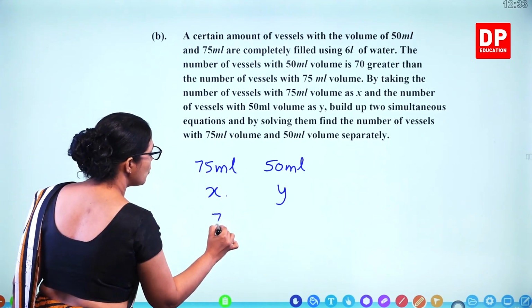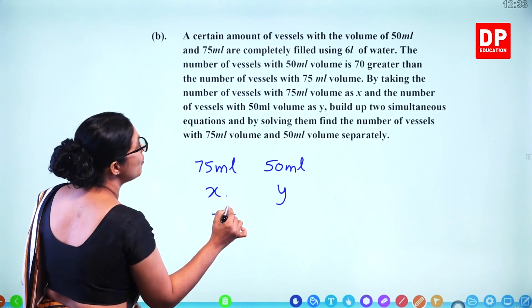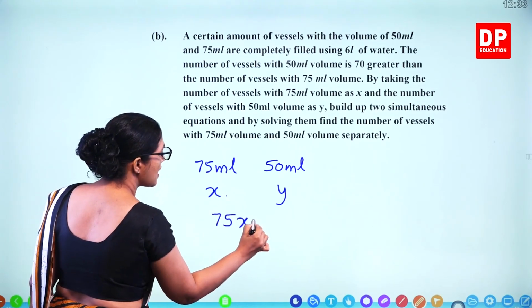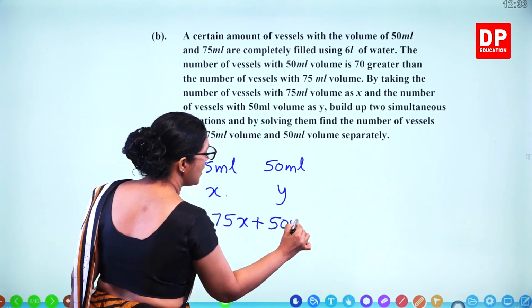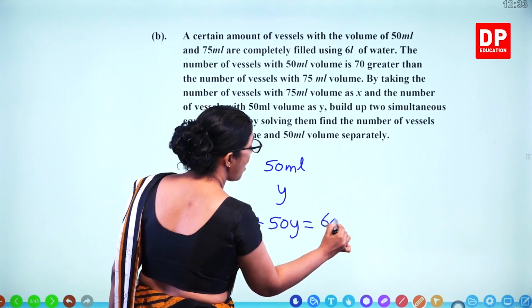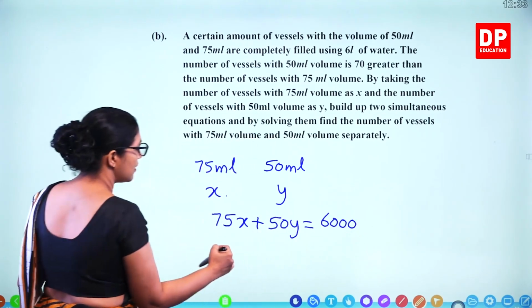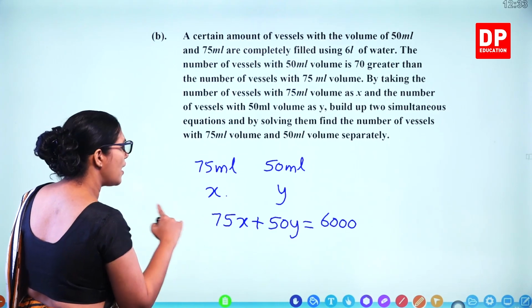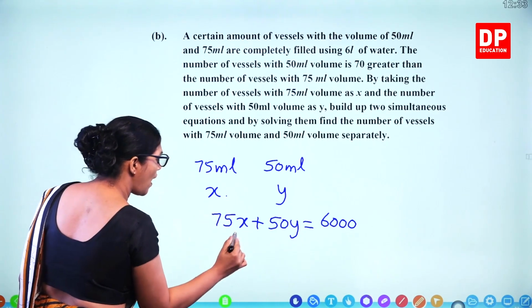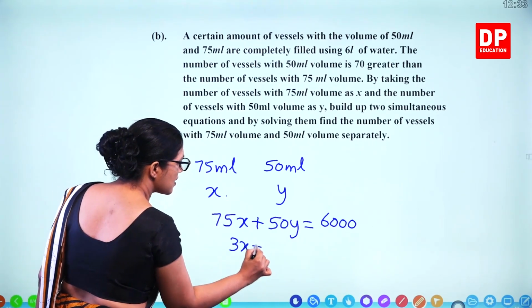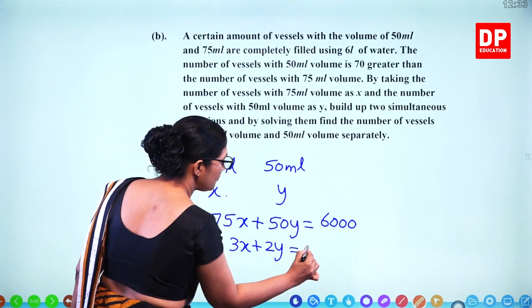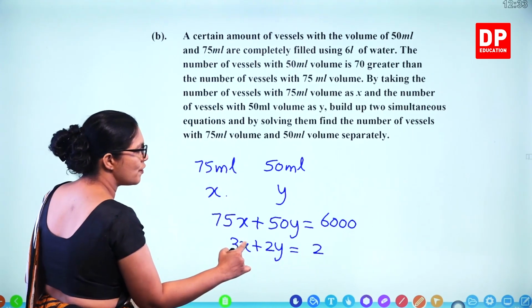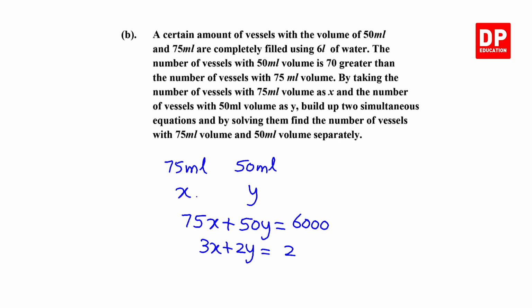So we can say the total volume of water 75x plus 50y is equal to 6000. Divide the whole thing by 25. 3x plus 2y, 25 times 2 is 50, 25 times 4 is 100, that's 240. That's our first equation.